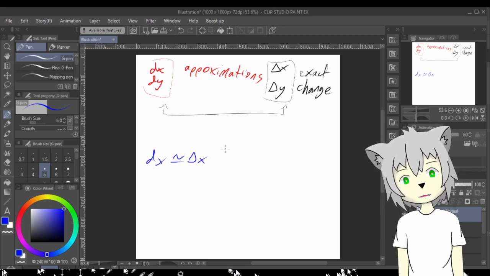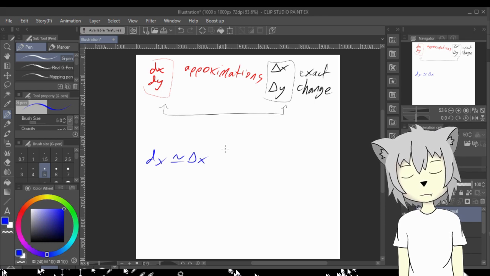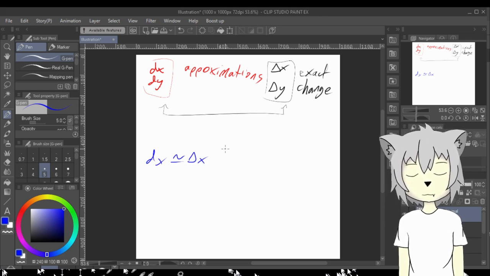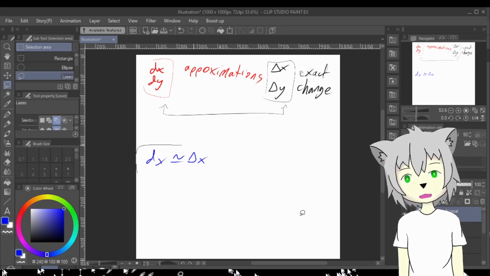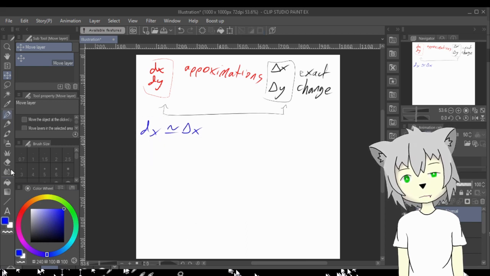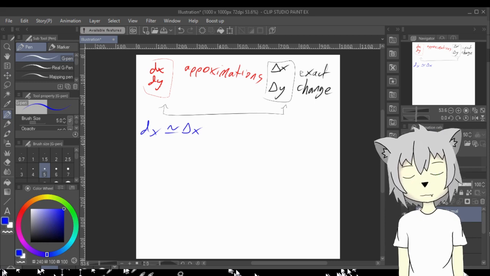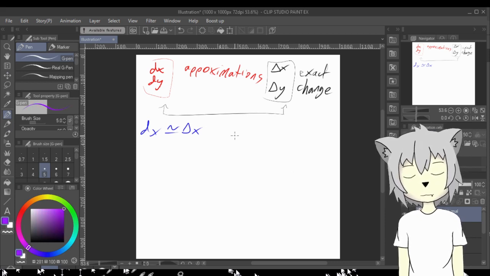I'm going to need to refresh myself more regarding derivatives if I want to explain how to manipulate dx and dy. But let's ignore all that for the time being, because now I'm going to show you how to do more stuff with it, which is great because I'm a terrible teacher, but whatever.